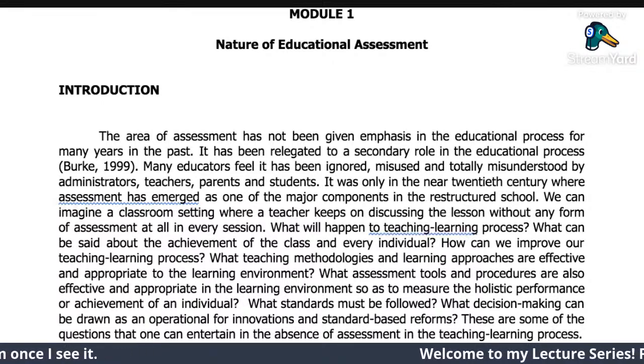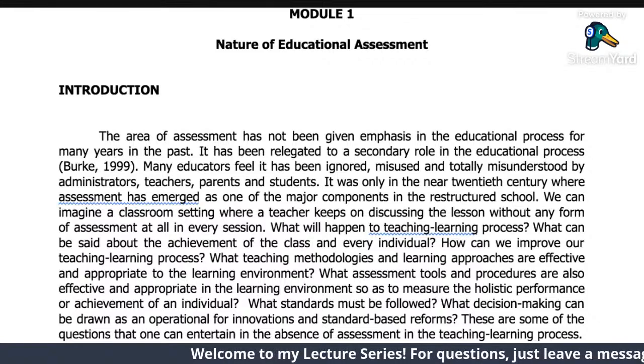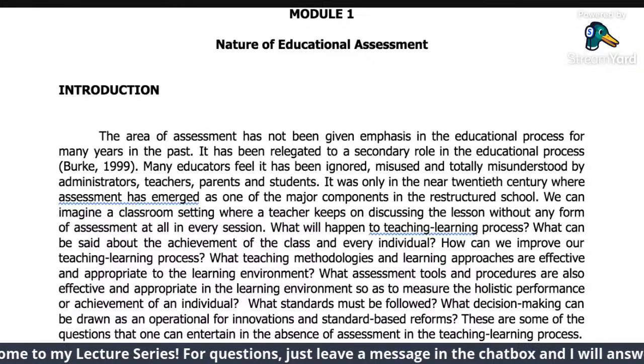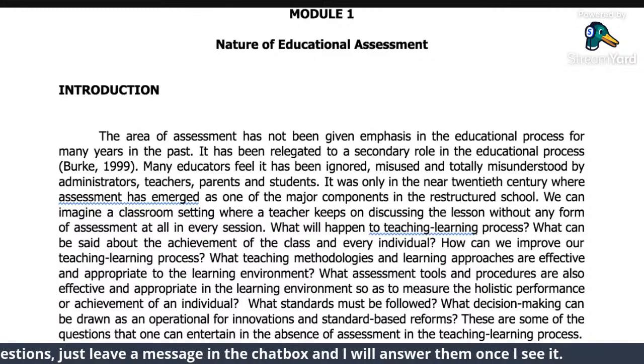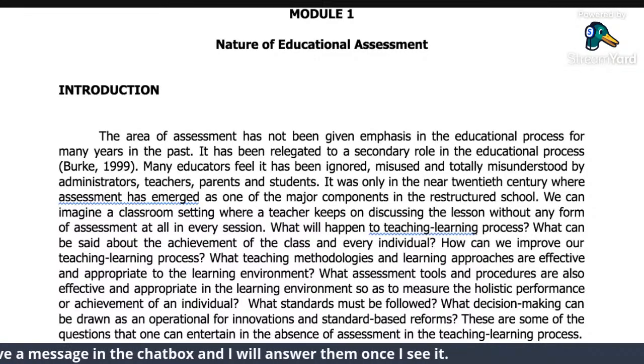But things changed last year, and it is very crucial for teachers like me to know how we are going to assess our students' learning.